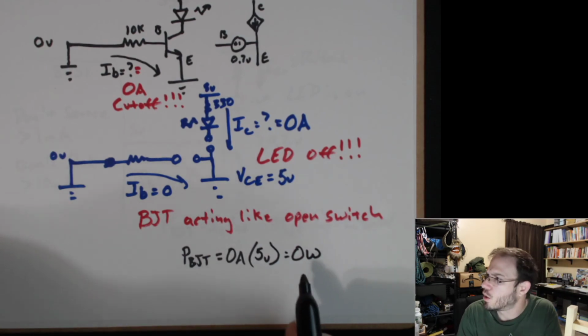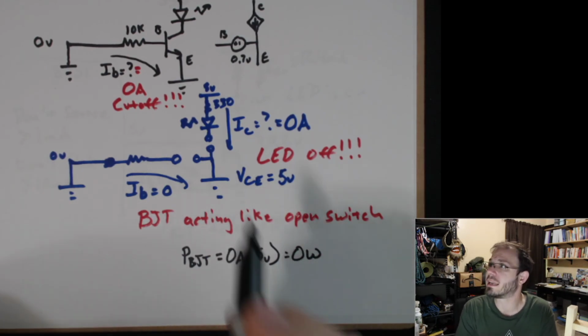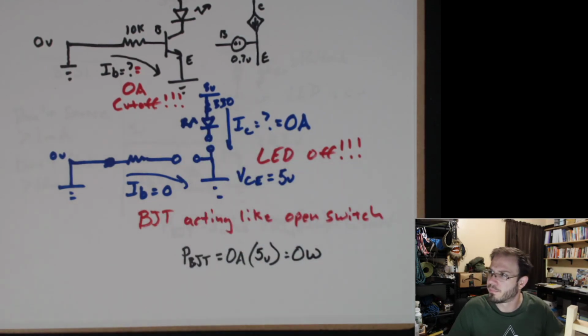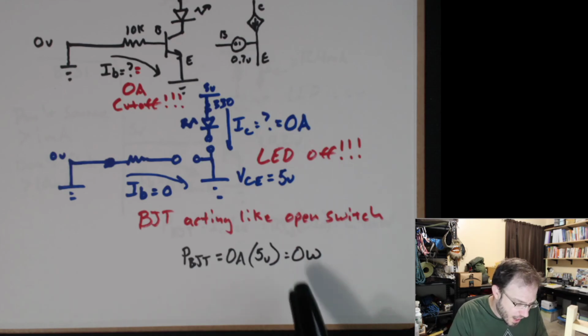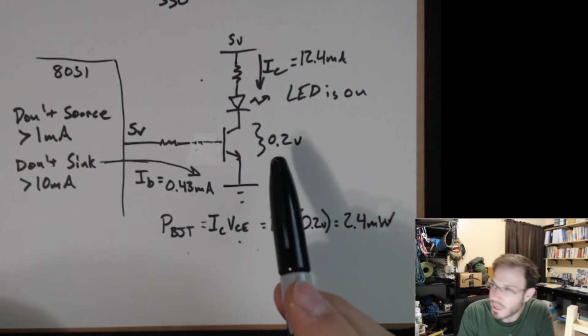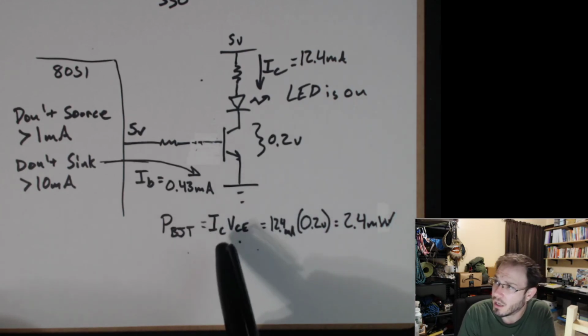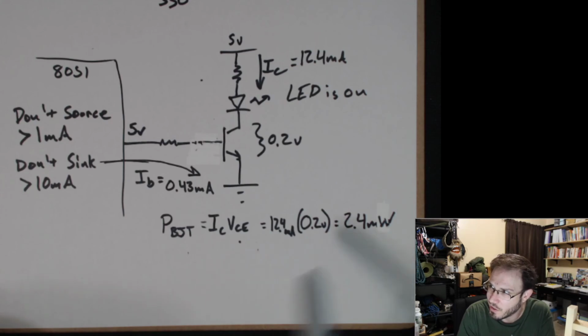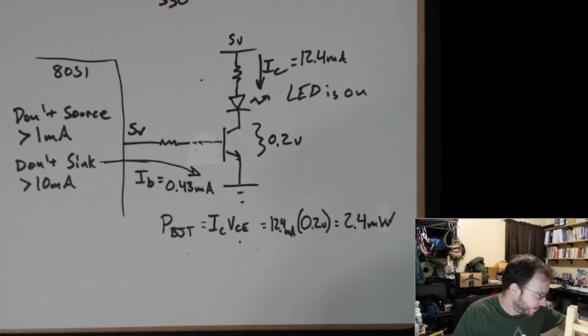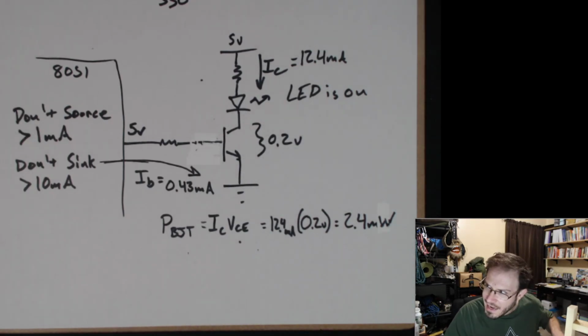So we have 0 power being dissipated by the transistor. So when you're in cutoff, current's not that big of a deal. But when you're in saturation or linear, definitely you should pay attention to what the power being dissipated is. Okay, any questions on that?